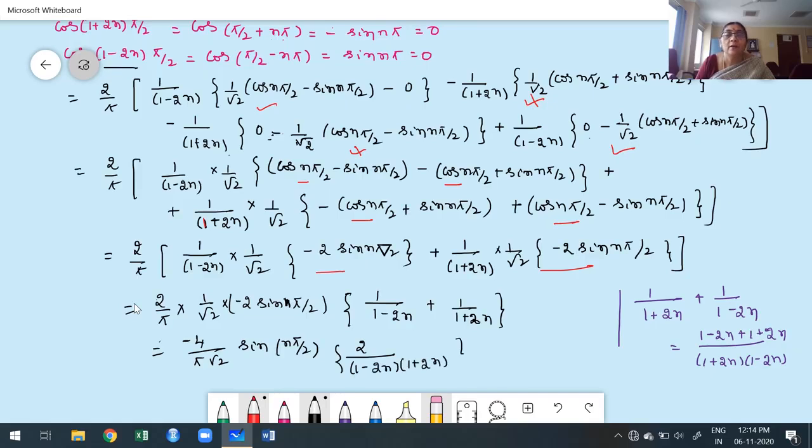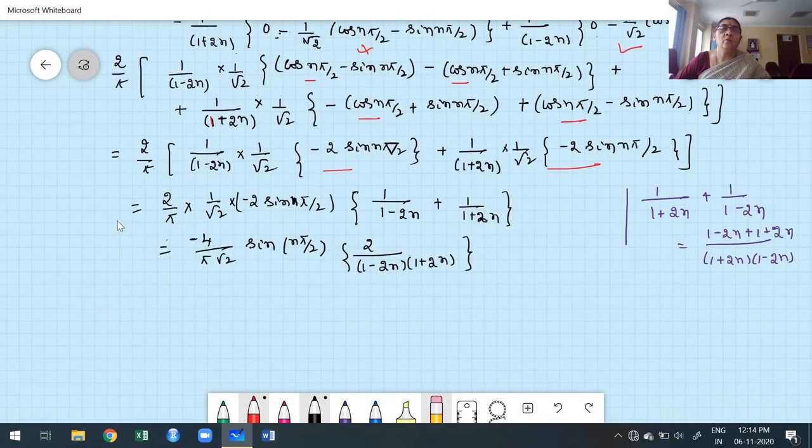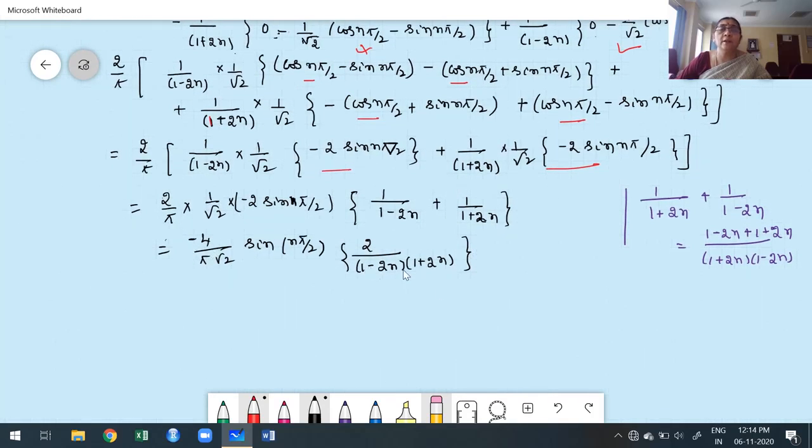In the next step, I take this negative sign into the denominator. This 1 minus 2n can be written as 2n minus 1. In the next step, 4 twos are 8. 8 by pi root 2 sin of n pi by 2.